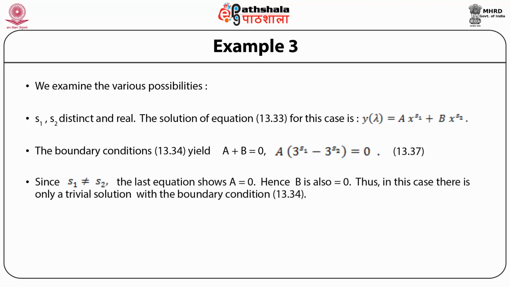Since s1 is not equal to s2, the last equation shows that a must be equal to 0. So when a is equal to 0, from a plus b is equal to 0, b is also 0. Thus, in this case, there is only a trivial solution if the boundary conditions are as specified above, namely the value of the function at the points 1 and 3 are 0.